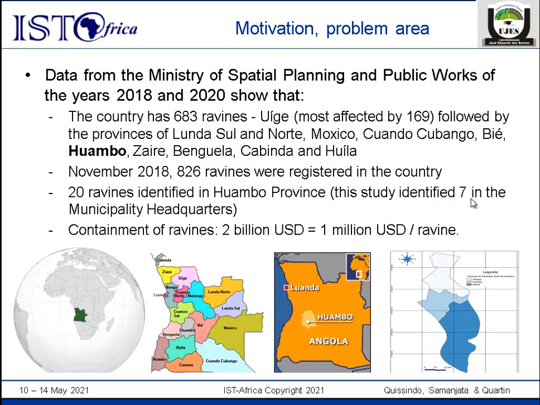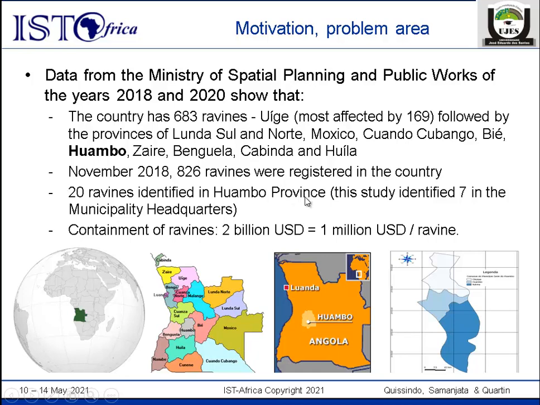Data from the Ministry of Spatial Planning and Public Works from 2018 and 2020 show that there are around 683 ravines in our country, and Huambo province is one of the areas that is most affected. There were 20 ravines identified in Huambo province.